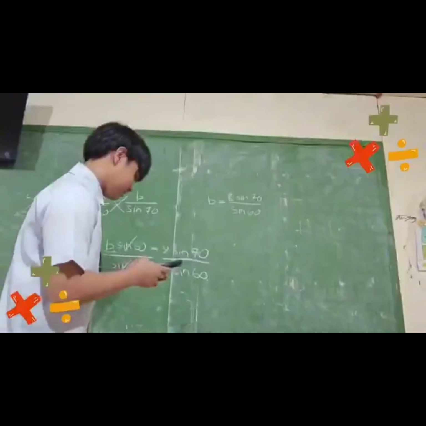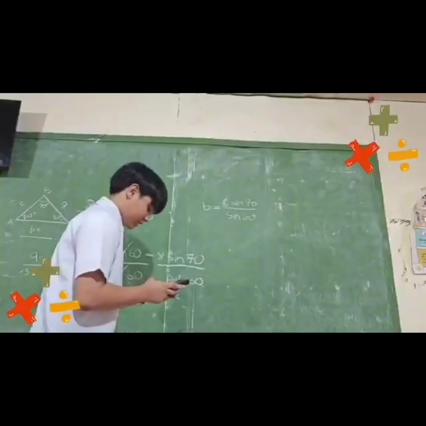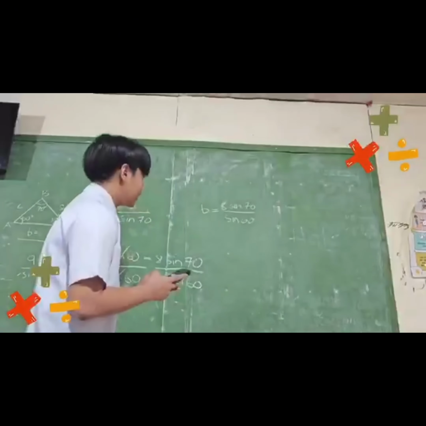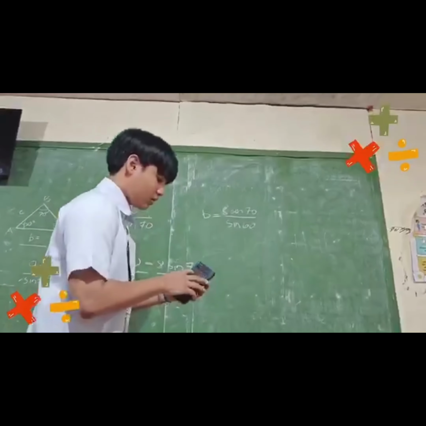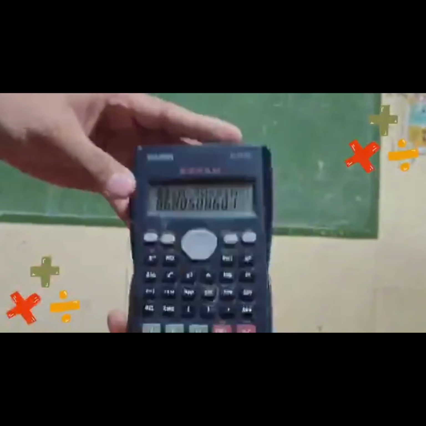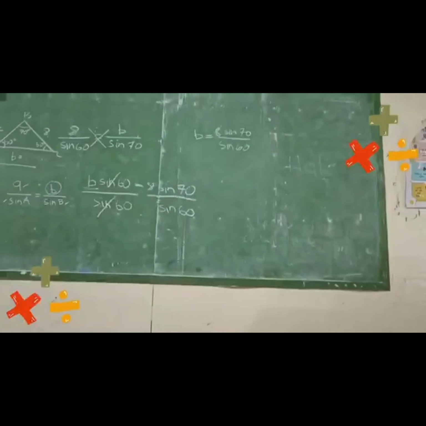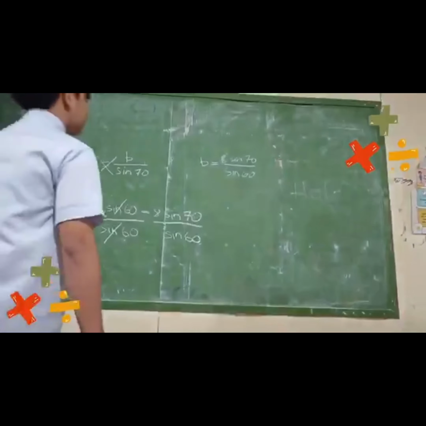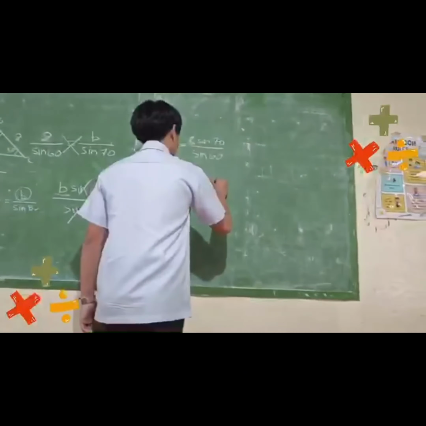Let's divide now: 8 sine 70 divided by sine 60. Our answer was 8.68.